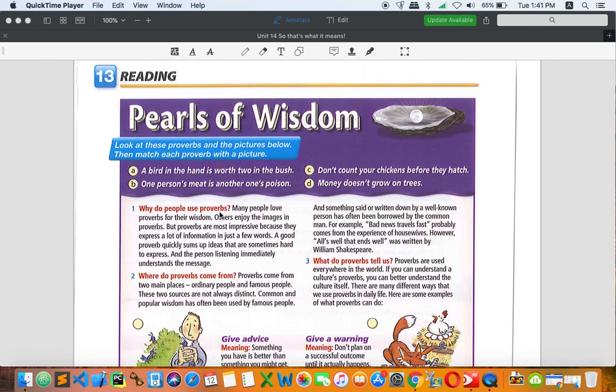You probably know the word proverbs, right? A proverb is just a phrase, or it can be a clause, that people use to express some kind of meaning in just a few words. People use proverbs to guide or advise someone indirectly.